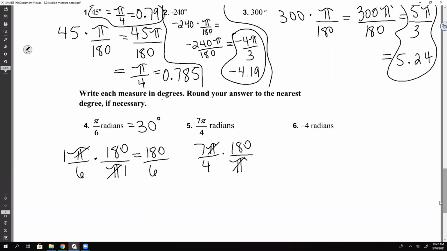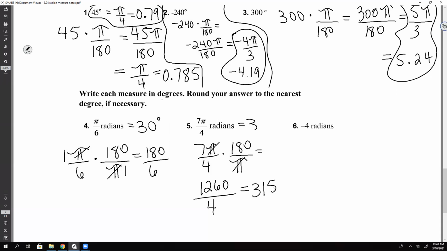My pi's on the diagonal cancel out. So I'm just going to do 7 times 180. It's going to be 1260, and then over 4, because there's nothing else on the bottom besides the 4. So now 1260 over 4, I can definitely divide 1260 by 4. It's 315. That's 315 degrees. So that's almost a full circle.